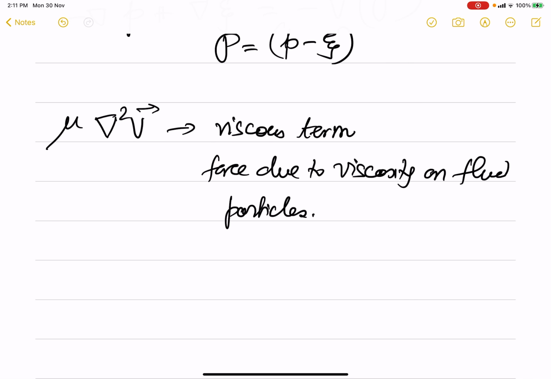Having seen all these meanings, let me at this stage talk about this term.